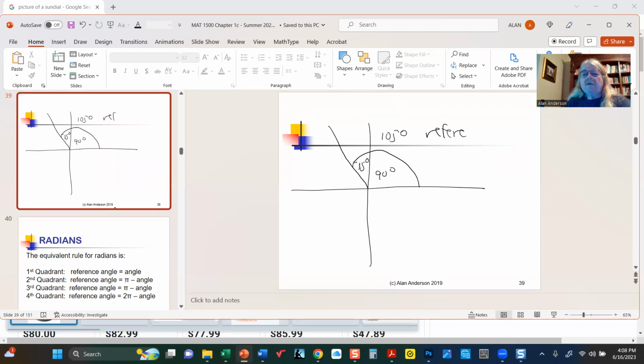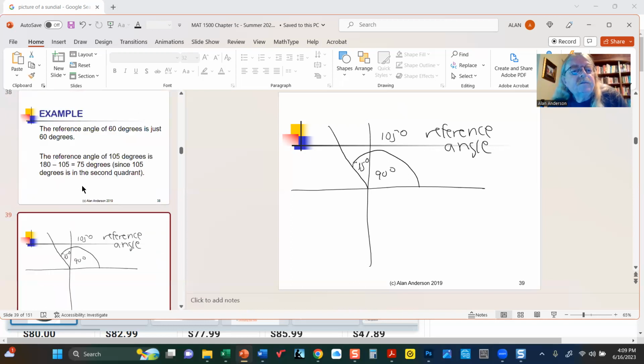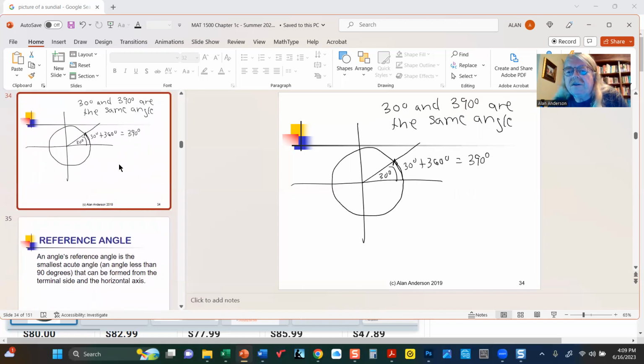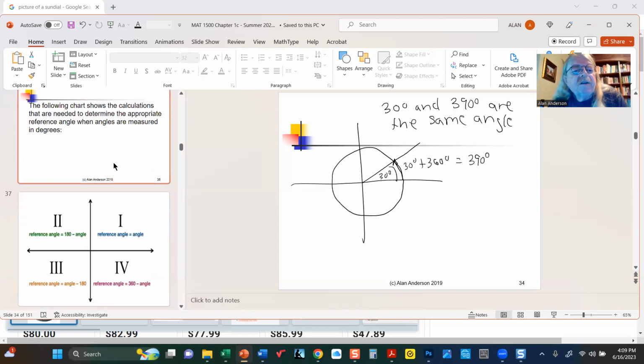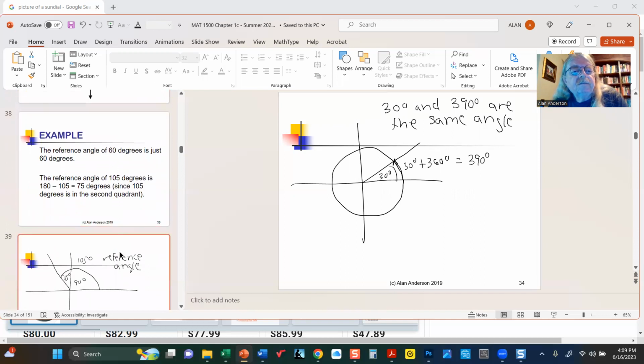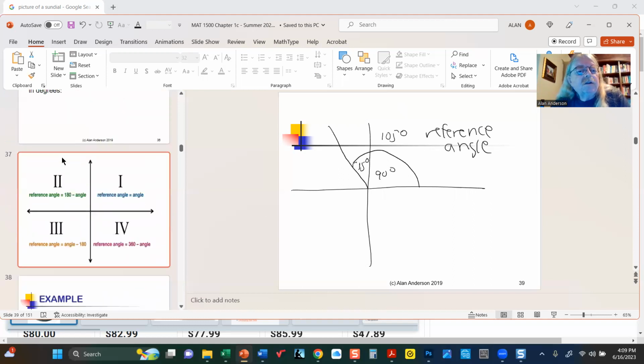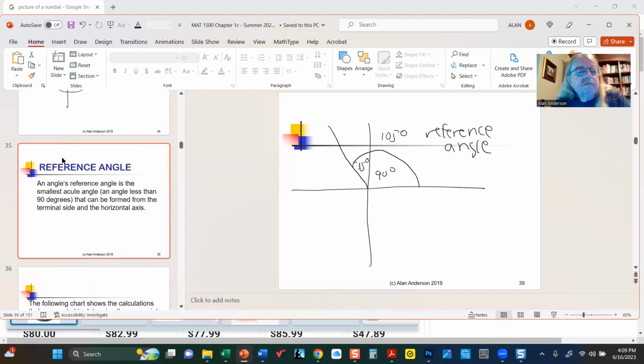Now they're not saying that 105 equals 75. We have to be careful of that. It's not like this one, where these two degrees are actually equal to each other. This is different. What we're basically saying is that it's the smallest angle that can be formed from the terminal side and the horizontal axis.